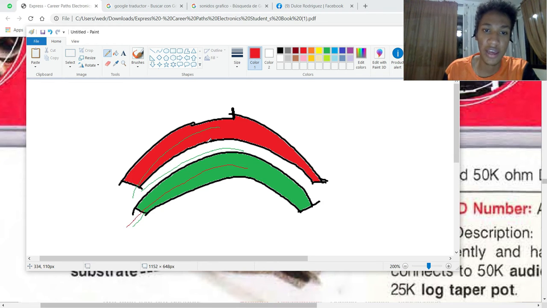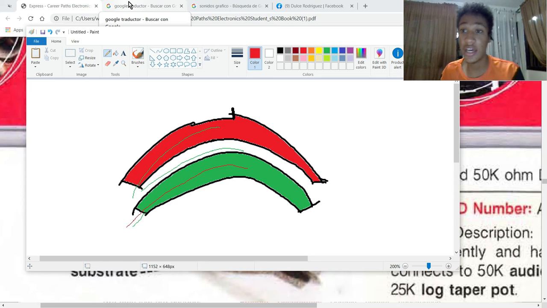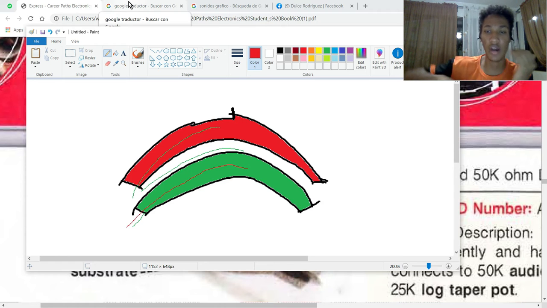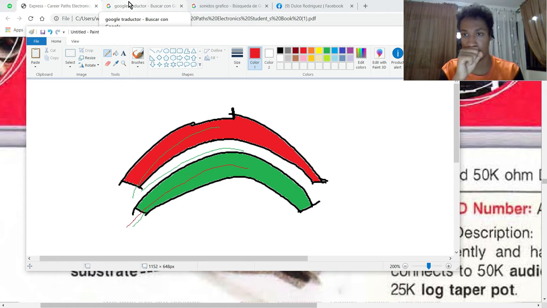Its name in Spanish is divisor de voltaje. With the voltage divider you can divide the voltage, so you can put low or high depending on the capacity of the potentiometer.